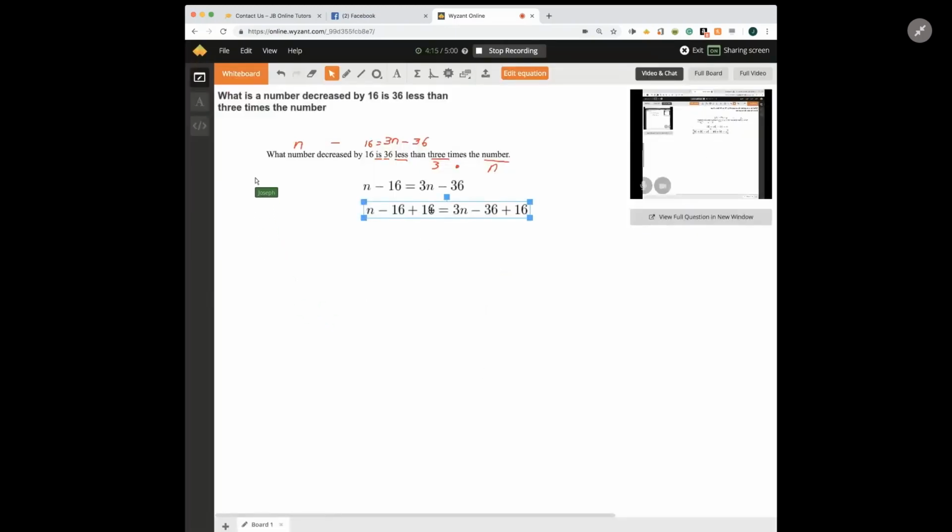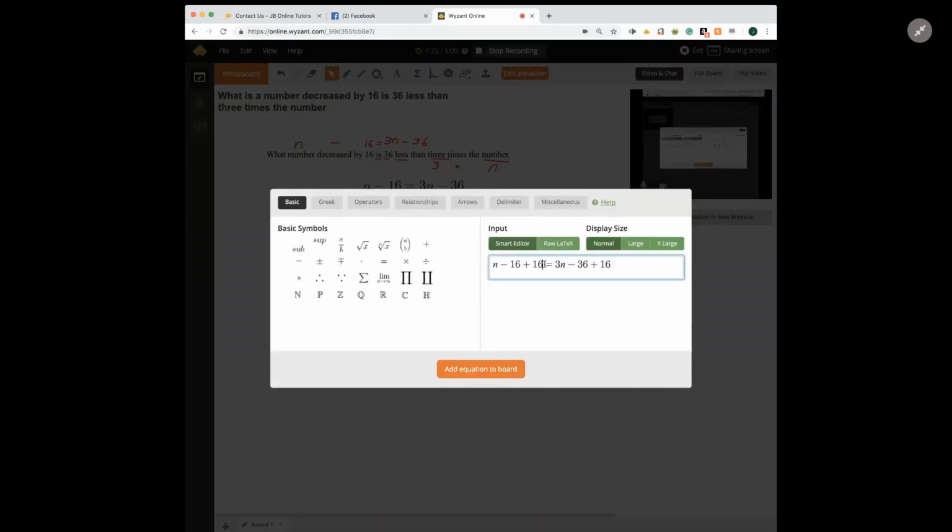So I'm going to take that, and let's copy it, paste it, and use the equation editor. And we see that the effect was, now we don't have a constant on the left. And we can simplify on the right-hand side. If we have 36 in the negative direction, 16 in the positive direction, we end up with 20 in the negative direction.